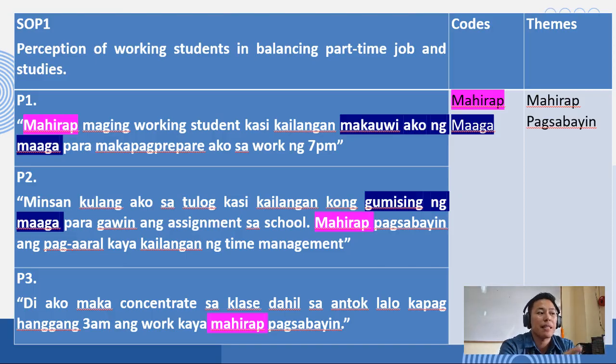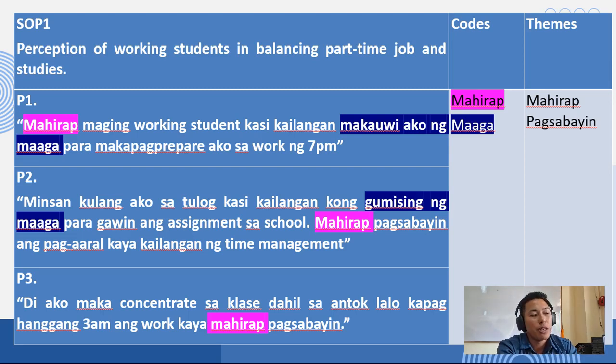To represent the response of our participants sa SOP number 1 or sa questions na meron tayo. So based from the answers of the 3 participants, ang lumalabas na theme natin na pwede natin i-consider as a theme or subheading ng ating response for SOP 1 is mahirap pagsabayin.